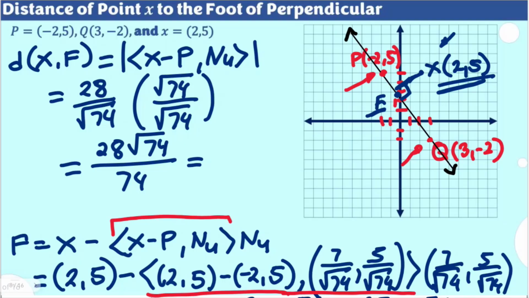And this can still be simplified further by getting the factor, which is 2. So by a factor of 2, this is 14 and this is 37. So you will get 14 square root of 74 over 37.